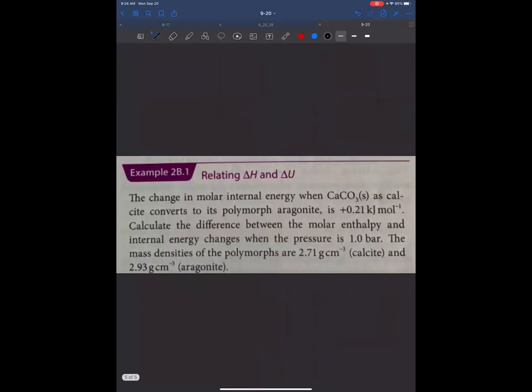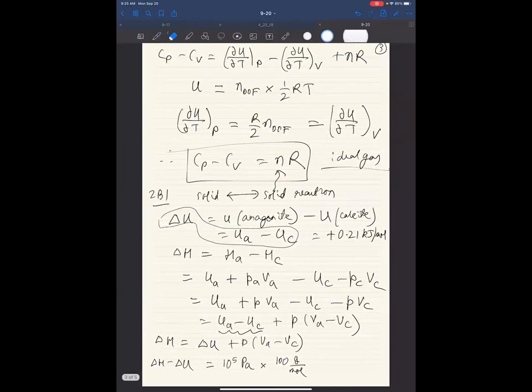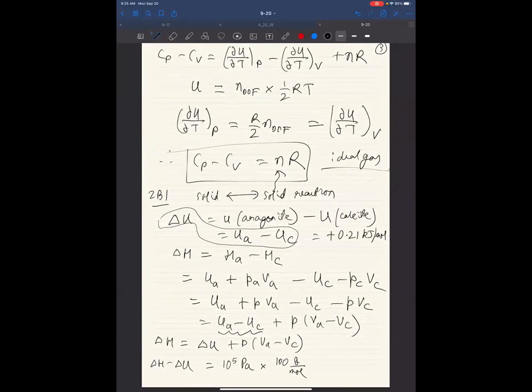And on top of that, we have been given the mass density of both phases. So we know the molar weight, 100 gram per mole, multiplied by VA, that's going to be 1 divided by 2.93 gram per centimeter cube, and this is also solved in Atkins, by the way. So if this is not clear, you can go and look at it. Minus, for calcite, 1 by 2.71 gram per centimeter cube.